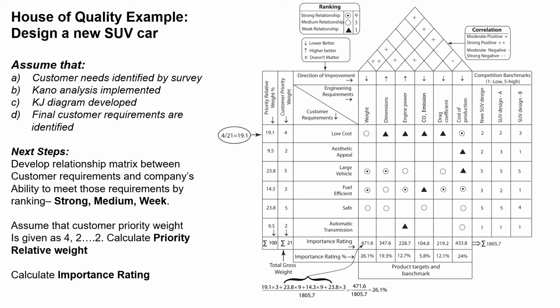And then the engineering requirements, you can see at the bottom, weight has a score of 471, so most design decisions with weight are going to affect customer requirements to a greater degree than something like CO2 emission that only has 100 down at the bottom.